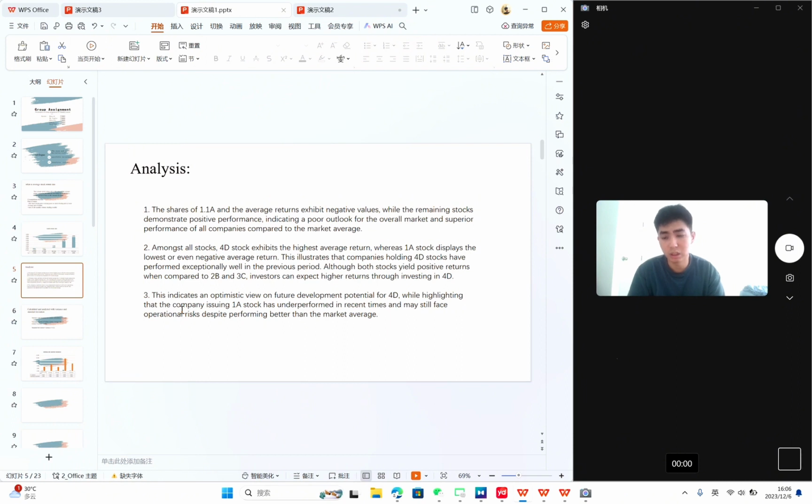And the last is that this indicates an optimistic view of the future development position for 4D. It will highlight the company issue. 1A stock has underperformed in recent time and may still face operational risk, despite performance better than the market average.